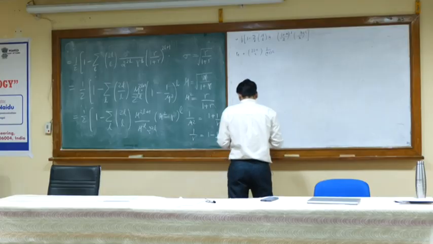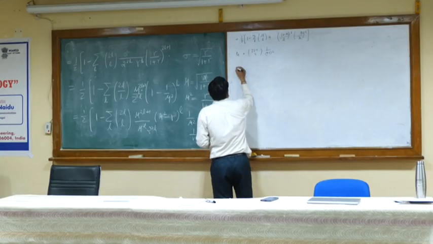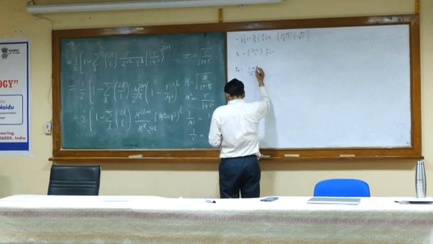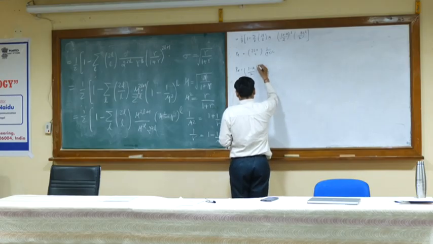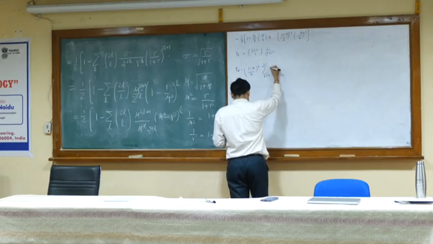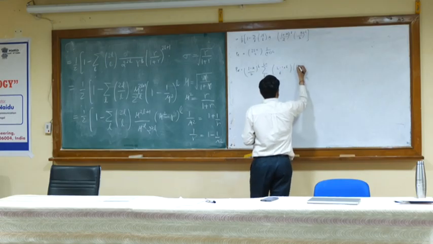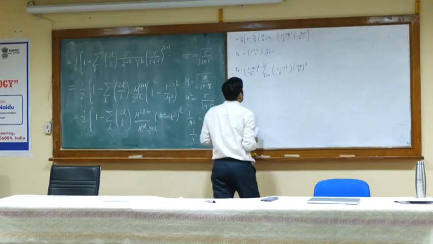So let's take the expression that is given here, that is P equal to ((1 minus mu) divided by 2) to the power L, summation l equals 0 to L minus 1, (L minus 1 plus l choose l), ((1 plus mu) divided by 2) to the power l.